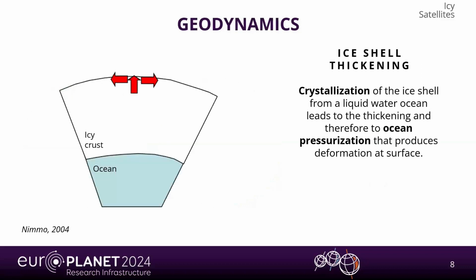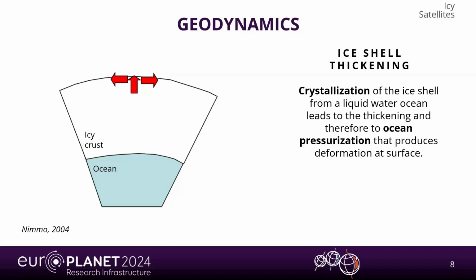Another main geodynamic process that affects the icy satellite surface is represented by volume expansion of their crust, whose crystallization from the subsurface liquid layer leads to the thickening of the crust, and in turn to their crustal deformation.